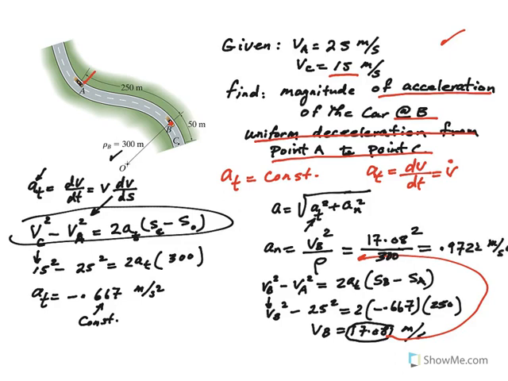So if I could show you graphically what's going on here, this is the tangential axis at this instant, tangent to the path. And this is the normal axis, sorry for the mess.